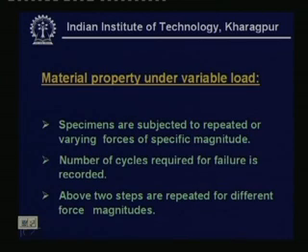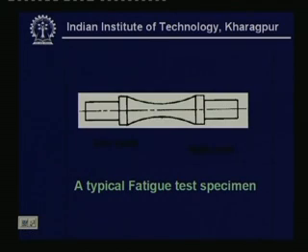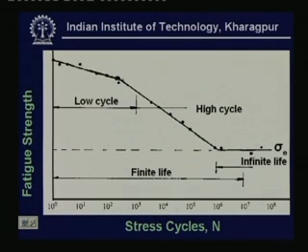Now, you remember that we have been talking about the material property when subjected to varying forces of specific magnitude, and for which we took up a typical specimen as shown here, called the fatigue test specimen, and the results for the fatigue test specimen were plotted in this graph, where you can see the entire results being represented in the form of low cycle, high cycle, infinite life.